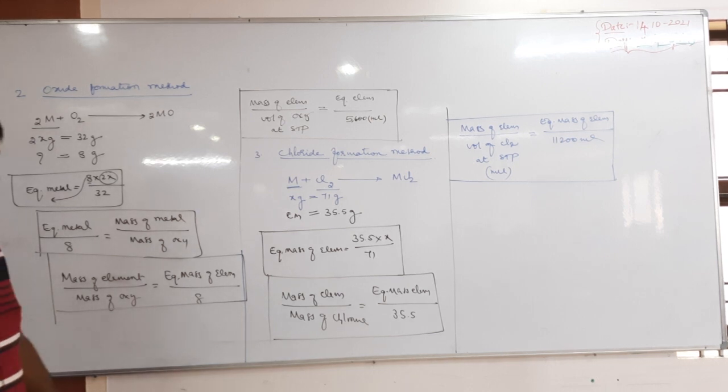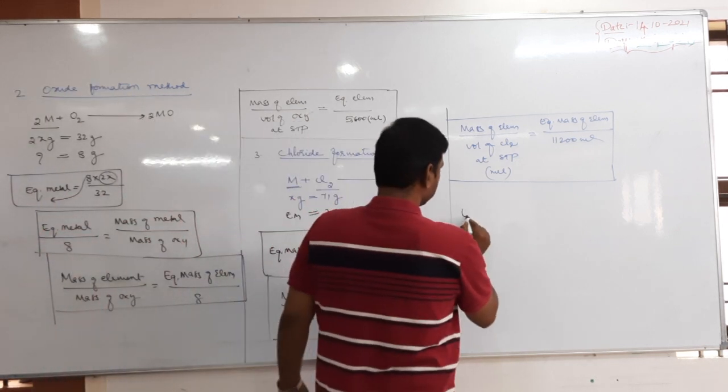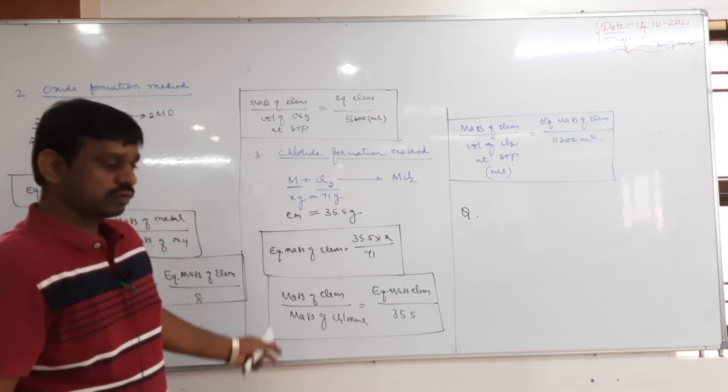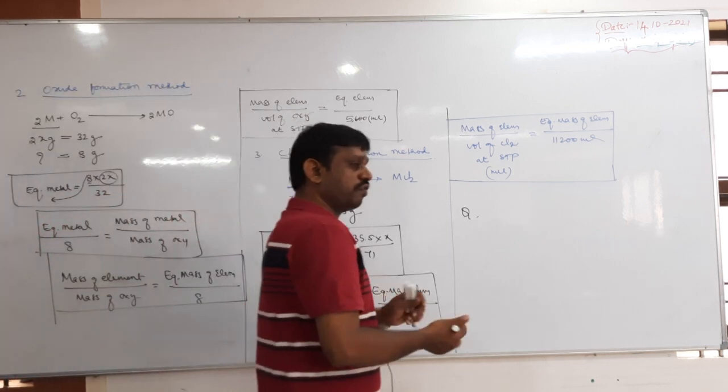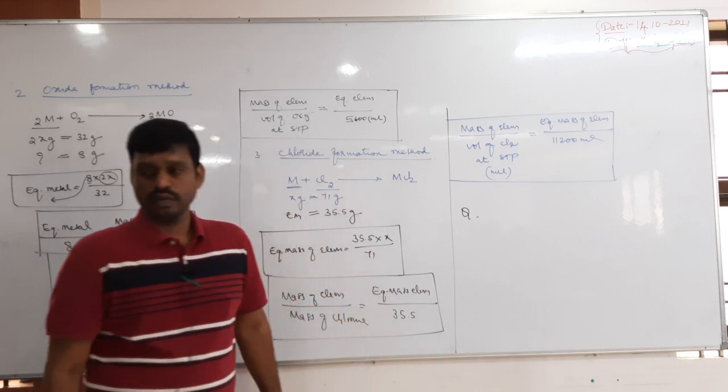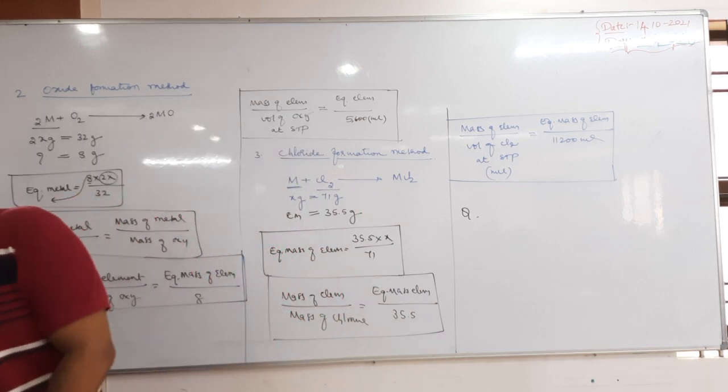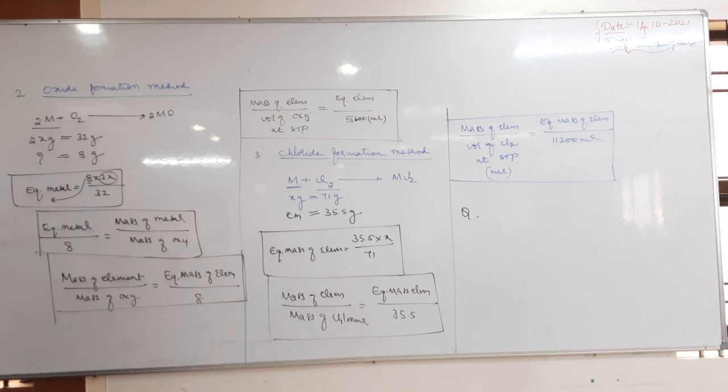Read the question. 40 grams of metal combines with 64 grams of oxygen.